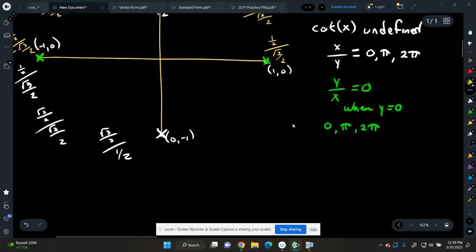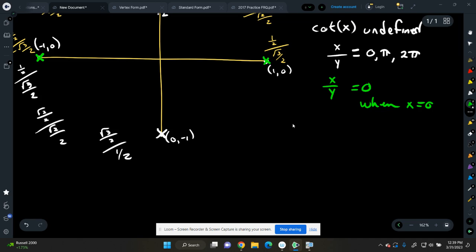Let's find out where the zeros are. We're looking at x over y, so we're looking to find where that is equal to 0. That's going to be where the x is 0, which will be at pi over 2, 3 pi over 2.